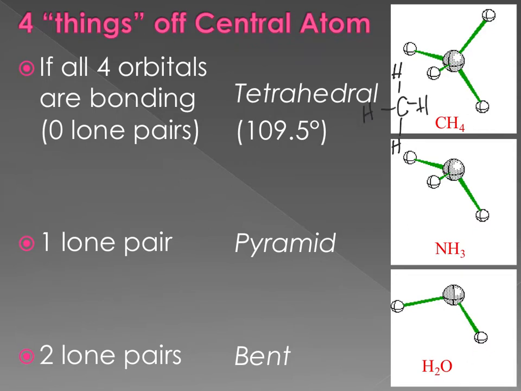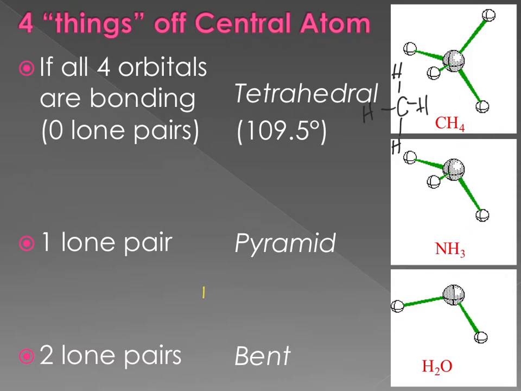The next example is when we have, again, still four things coming off the central atom, but there's going to be one lone pair. And in this example over here, we're not seeing that lone pair of electrons. If I draw out the structural formula, it would look like this. So ammonia, NH3, is an example.